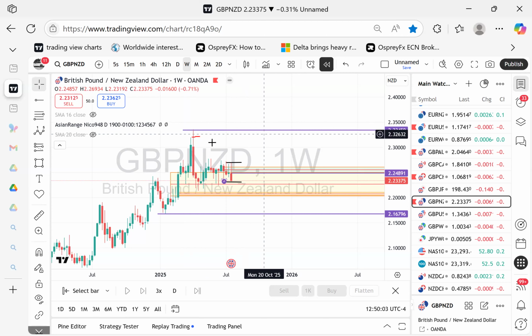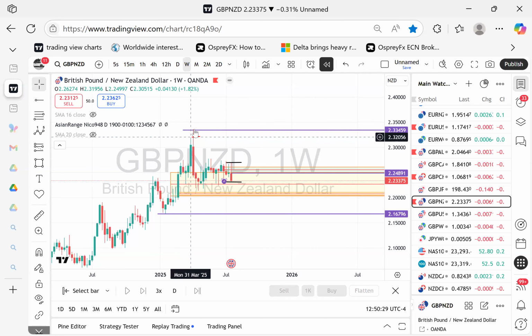But I like trading both ways because it's a lot of pips from here to here. Once you start recognizing changes of character, you'll see, okay, I could enter a trade because we broke that low and we pulled back.